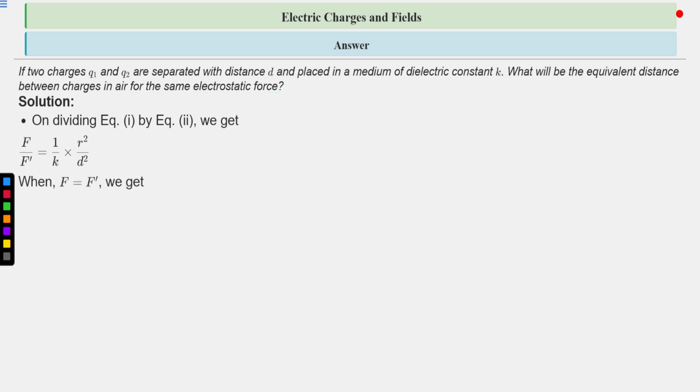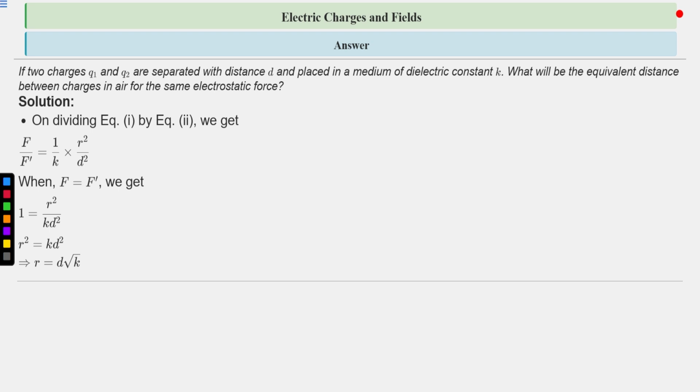So F is equal to F dash. If F equals F dash, then the ratio of these two becomes 1, equal to R square upon K D square. Now R square is K D square, and R, we got the answer.